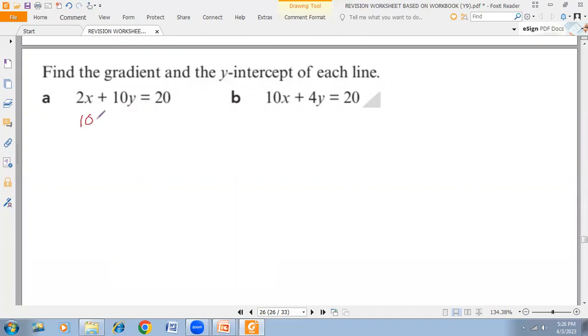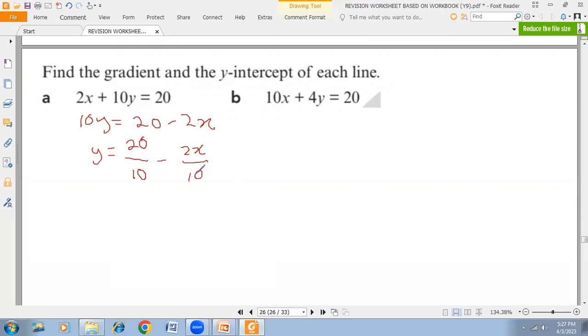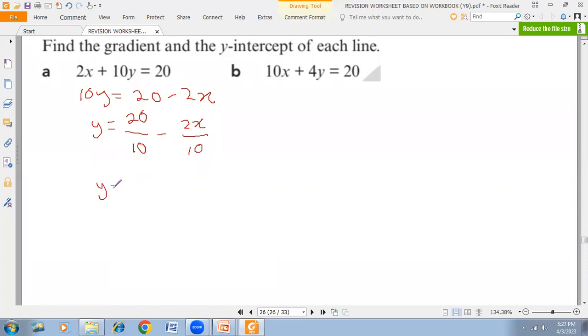So 10y equal to 20 minus 2x. Rearrange it. And y equals 20 divided by 10, because 10 is there, 10y, right? So divide by 10 now, minus 2x also over 10. You better write it separately like this, easy for you to get the answer. So y equal to 20 divided by 10 is 2, and then minus 2 over 10 will be 1 over 5.